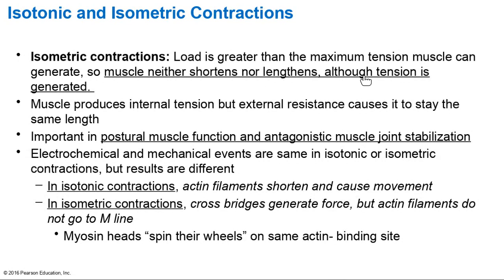Now understand that tension is being generated, because the myosin heads are forming cross bridges with the thin filament, but not enough tension is developed to cause any change in the length of the muscle to lead to a moving of the load. So in isometric contraction, there is no change in the length of the muscle, but we do have tension generated.